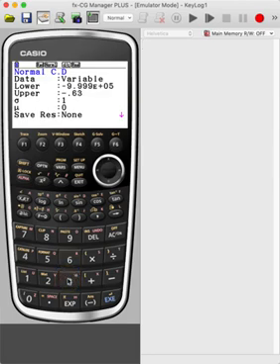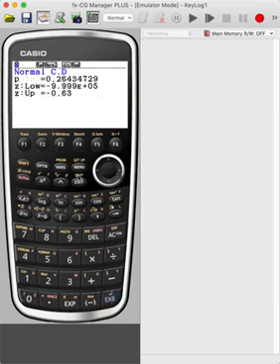That was the problem that I did on the slides. We are within the standard normal distribution, so I use standard deviation of 1, mean of 0. I hit execute, and I hit execute again. We find out that that probability is 0.264, and the z-score corresponding with the upper boundary is minus 0.63.